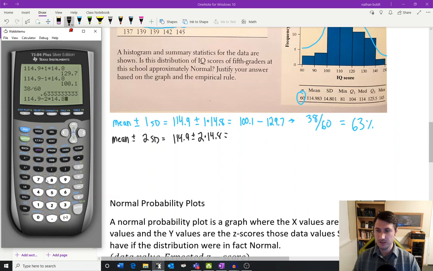I should be good here because the calculator, I think, will do order of operations. It will multiply before adding and subtracting, so I don't think I need parentheses there. 85.3, that looks reasonable, so I think it did it right. Second enter brings that back up, turn the minus into plus, and we get 144.5.